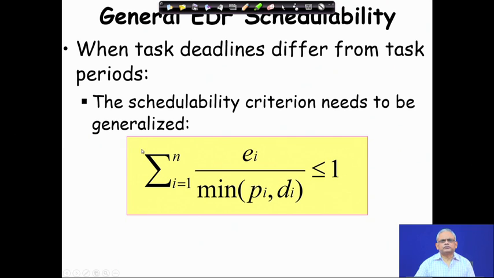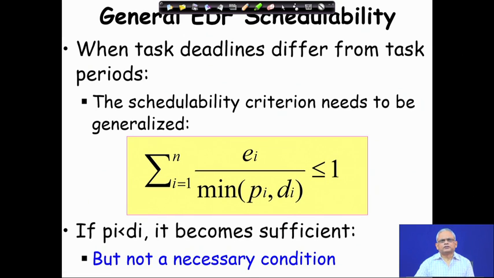One solution is to take the minimum of P_i, D_i. So, E_i by minimum of P_i, D_i gives the utilization, and we check that it is less than 1. This is a sufficient condition. That is, if this is satisfied, then of course the task set is schedulable in EDF, but it is not a necessary condition, because we can find that some task set does not meet this criterion.